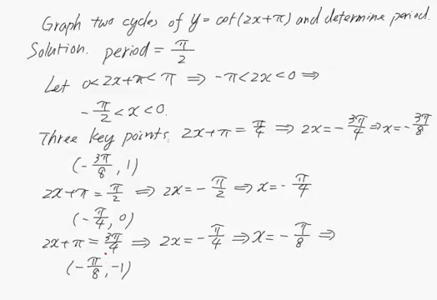So now we have found the 3 key points, and we also need the vertical asymptotes. We may find the 2 vertical asymptotes corresponding to the fundamental cycle in this way.